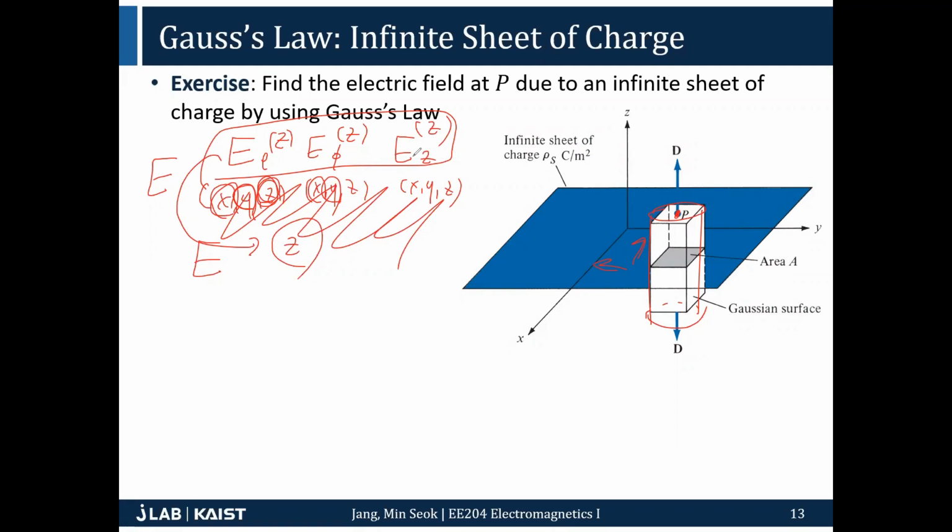Can anyone have an idea? Which operation prevents E rho or E phi? Anyone guess?